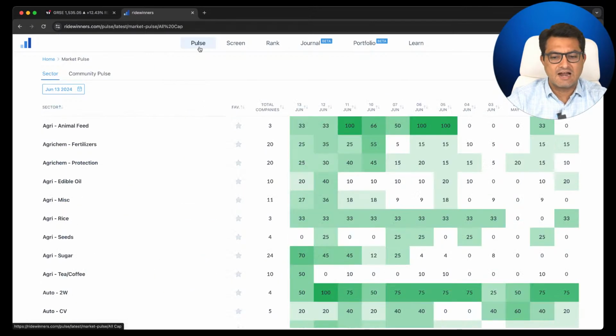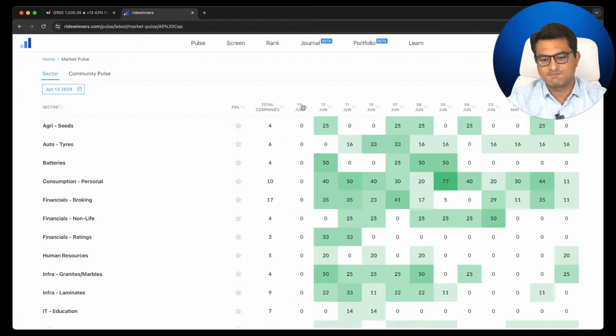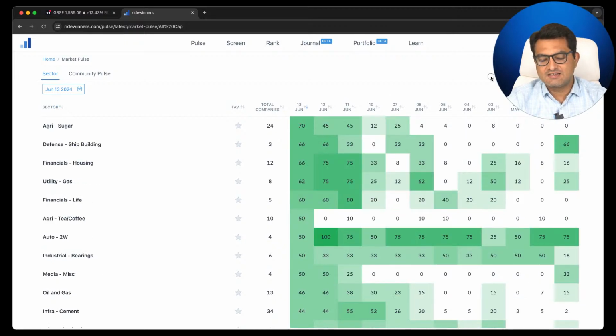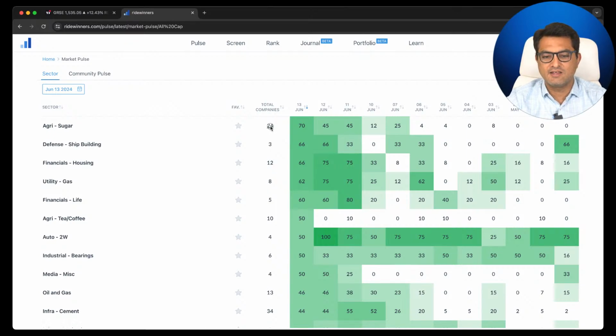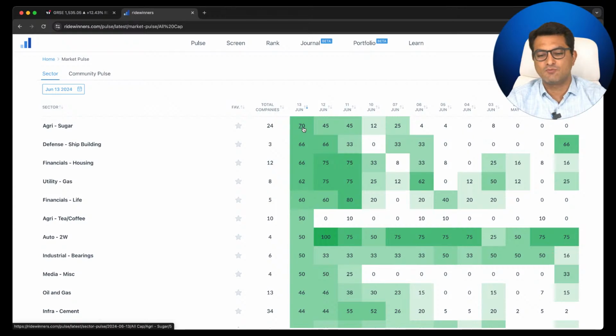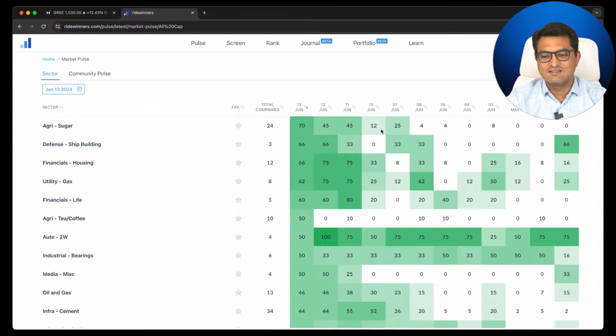But more than that, I have a sectoral screen, where we see if a majority of the companies in a sector show this. Say there are 24 sugar companies; today, as we record the video, 70% of these companies shot up with price and volume action. The most interesting thing is that you can see the jump in terms of percentage.